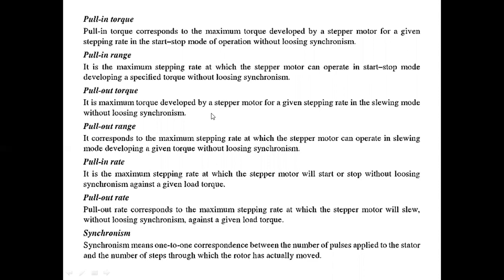Why? Because current is to be entered into the coil. Suppose we have an A coil. A coil means not only A, we also have A dash, because they are concentrated series-connected coils placed in the stator. Whenever the current moves towards A, it behaves as a north pole, and A dash behaves as a south pole.